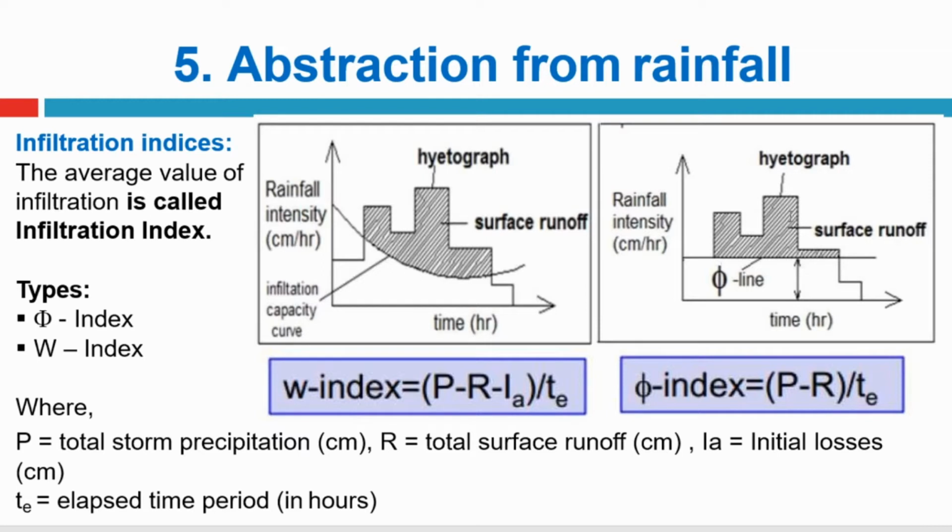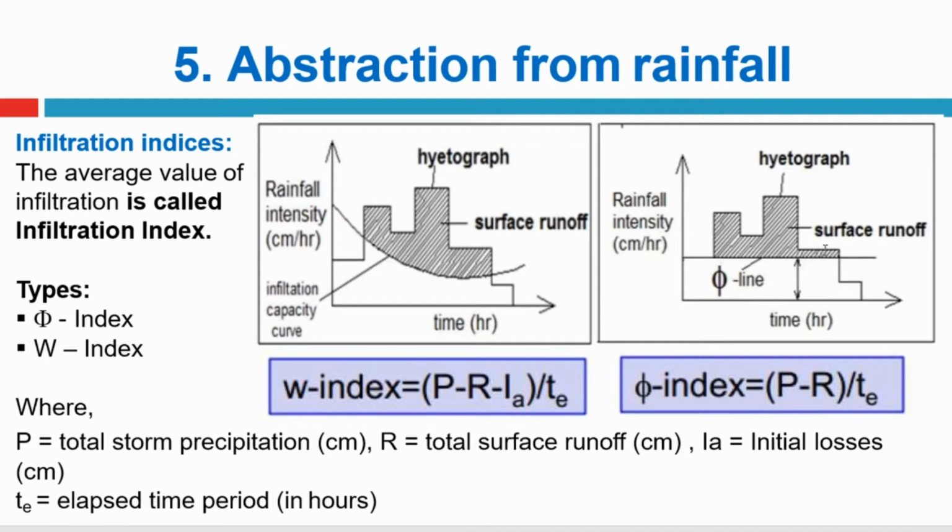Now, you can define a phi index for any given region, and if you do, you can easily calculate how much the runoff will be from the hyetograph. For any given duration of rainfall, you can determine the hyetograph. Once you have it, we draw this phi line, which represents the constant rate of infiltration.